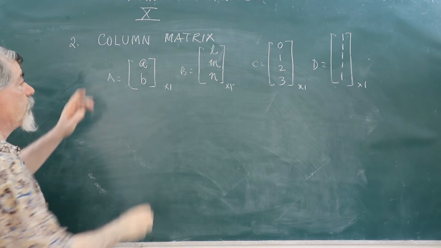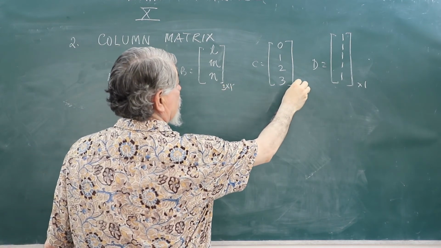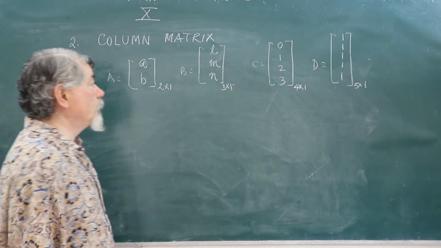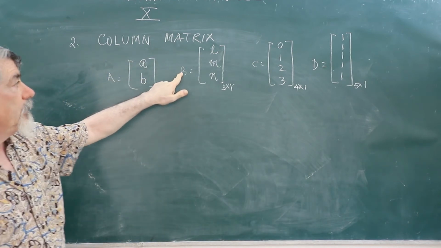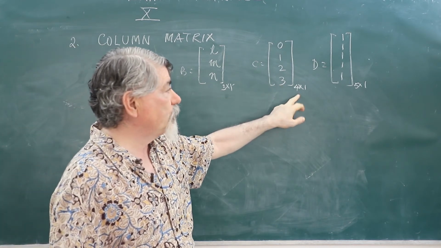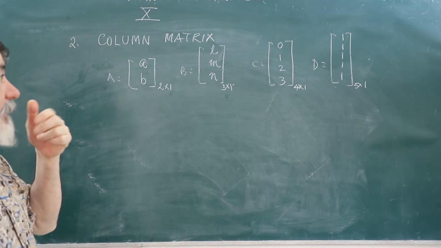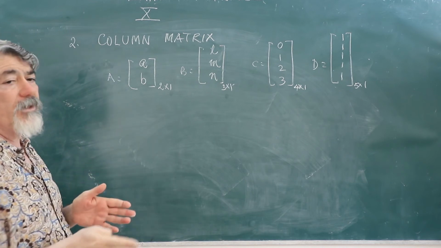It has how many rows? 2 rows, 3 rows, 4 rows, 5 rows. So the order of A is 2 by 1, the order of B is 3 by 1, the order of C is 4 by 1, and the order of D is 5 by 1. In each case the number of columns is 1.